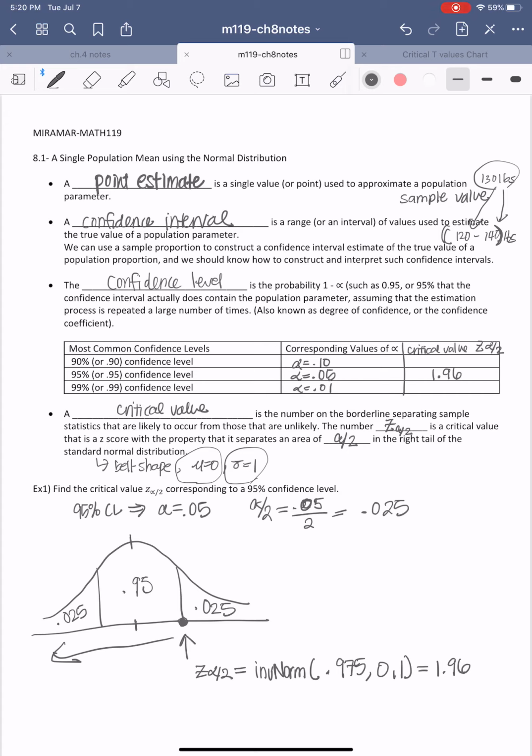Let's also find the 90 and 99 because those are the most common. So let's get all the critical values on one page so I don't have to do inverse norm all the time. Now to find the 90%, the 90% now is this one. So the half area is 0.10 and then 0.10. So for the 90%, you're going to have z alpha over 2 as inverse norm.